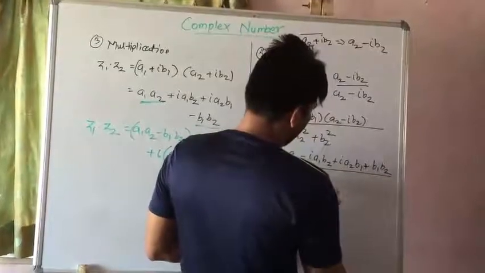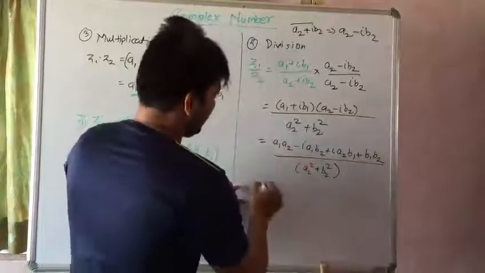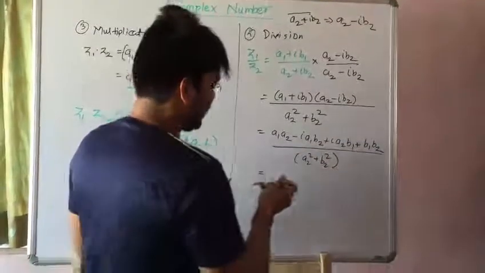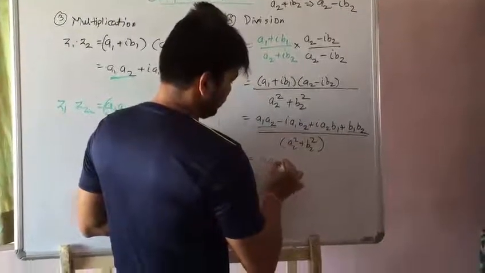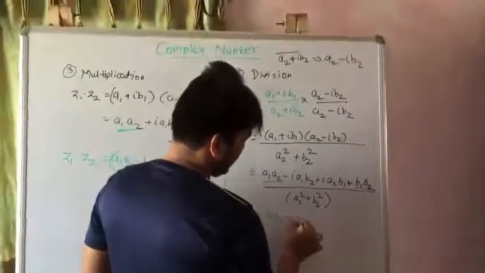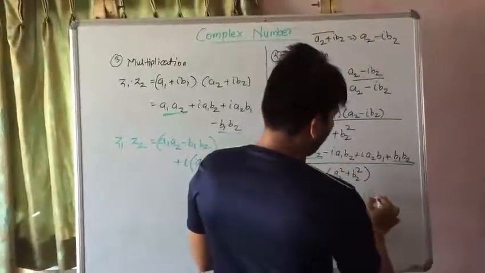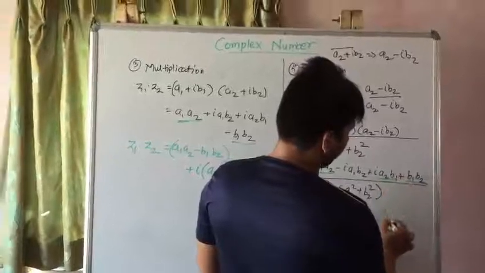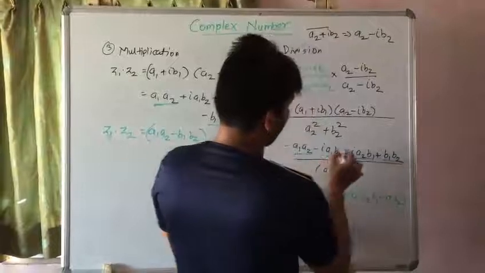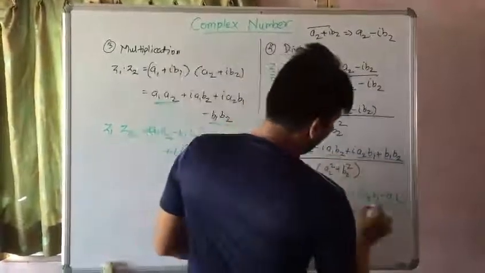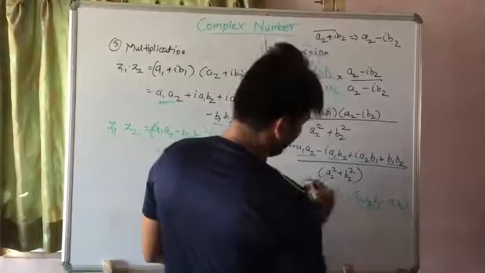Okay, all over a2 square plus b2 square. Now take the real part, that is a1 a2 plus b1 b2. Now the imaginary term, i times a2 b1 minus a1 b2, then the whole divided by a2 square plus b2 square.